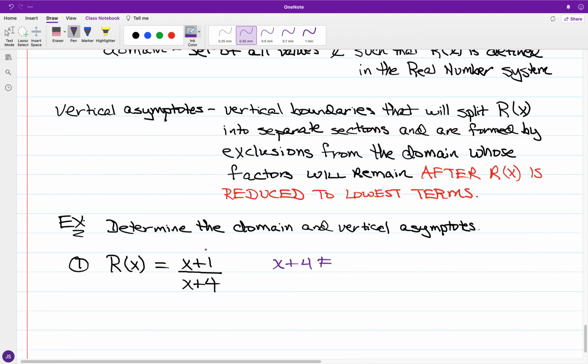Now you can have a 0 top part of the fraction as long as you do not have a 0 on the bottom. But definitely, the bottom part of the fraction cannot be 0, so we have the x plus 4 cannot be 0. So you're going to have the x cannot be negative 4.